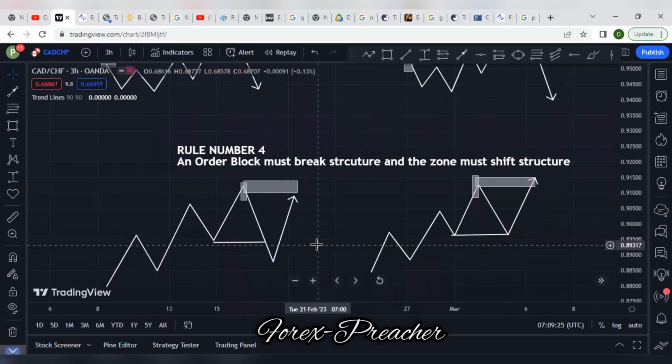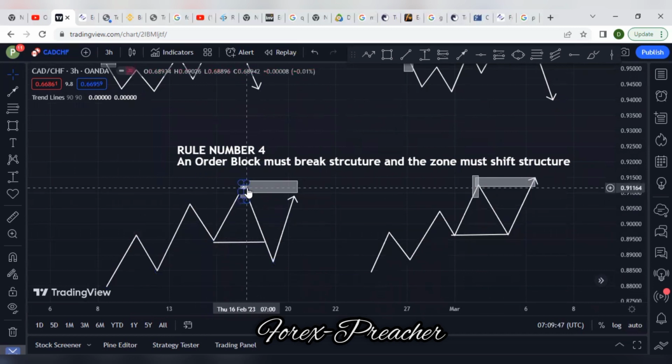So two structures broken, you can consider this as a shift in structure. Now, one thing too that I want to let you know is that if you have forgotten about these highs and lows being broken, just look at the low that has formed before the current structure. Before the current high, sorry. We have the previous high and then the current high. Where is the low? This is the low. You want to see it's broken.